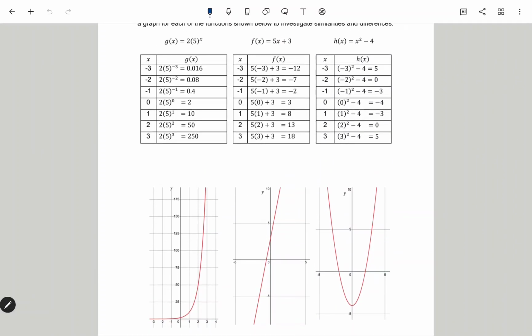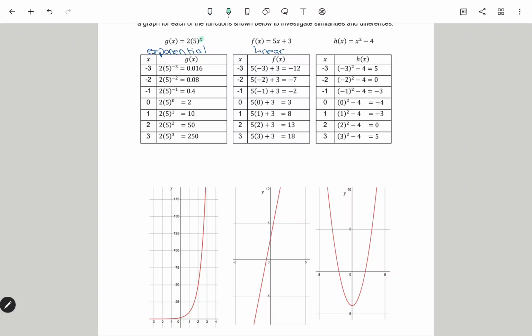If we have x up in the exponent like this, then we know that this guy is our exponential. This guy is in the form of y equals mx plus b. There's nothing fancy here. This is our linear.